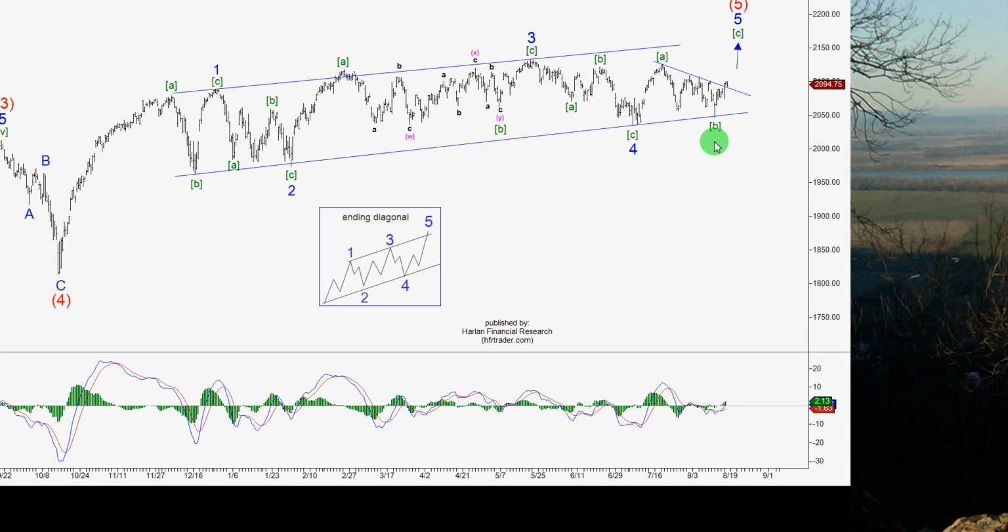That's our second alternate, that wave 4 ends at this low. This means that this rally right here is all part of wave A so far, and then B down, and then C up.